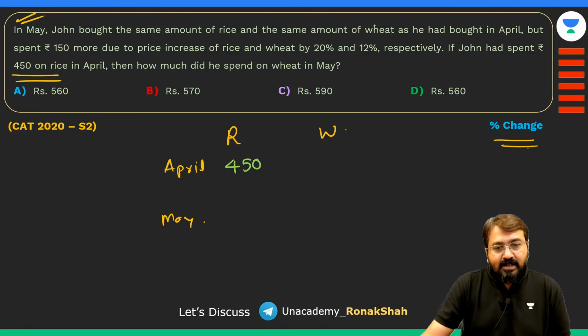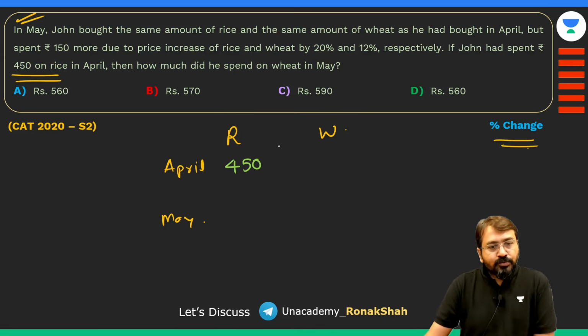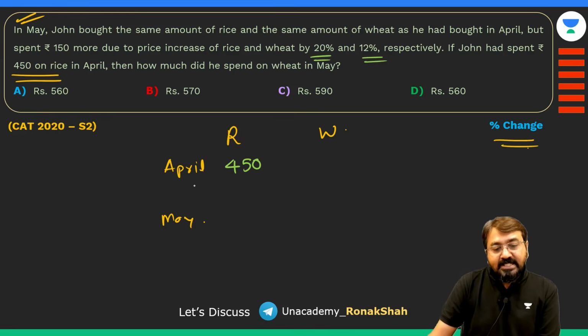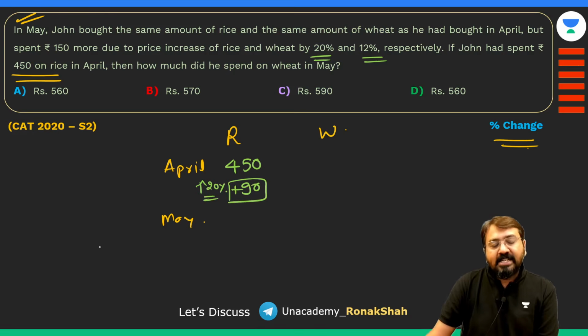Fine. So let's understand. So this is 450, but he spent 150 more due to the price increase of rice and wheat by 20% and 12% respectively. Can I say price of rice has increased by 20%? So what is 20% of 450? It is going to be 90. So he is going to spend 90 more because of rice, and we know in total he has spent rupees 150 more, right?